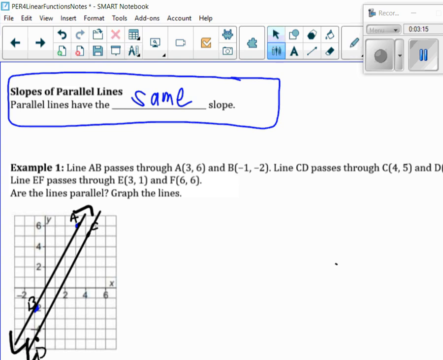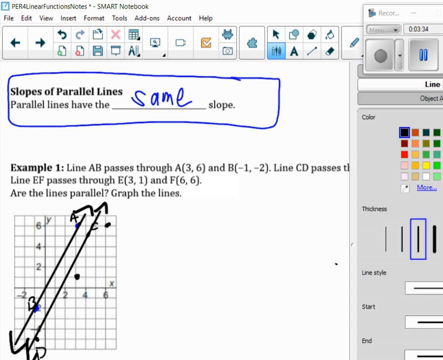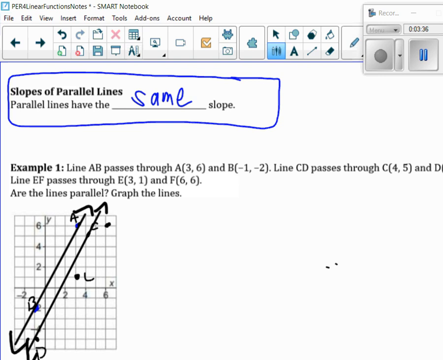Looks like they're parallel, but we have to justify it by using the slope here. But we're going to do EF first. E is (3, 1), and F is (6, 6). Connect the dots.